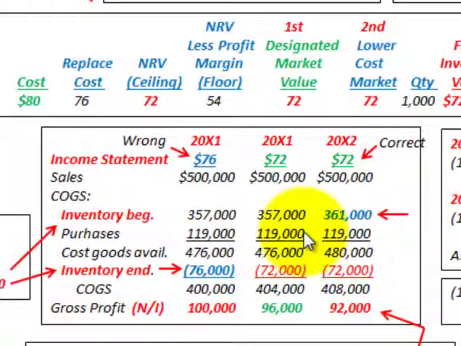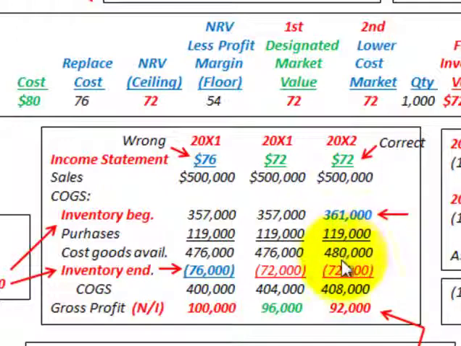Now, let's look at 20x2. The ending inventory from 20x1 becomes the beginning inventory in 20x2, and it's overstated again. That's what we calculated earlier. It was overstated by $4,000. So let's say the correct amount should be $357. For example, I'm using $361, overstated by $4,000.